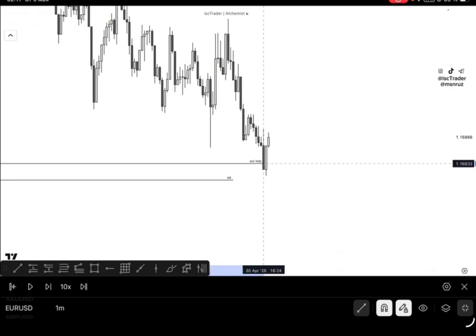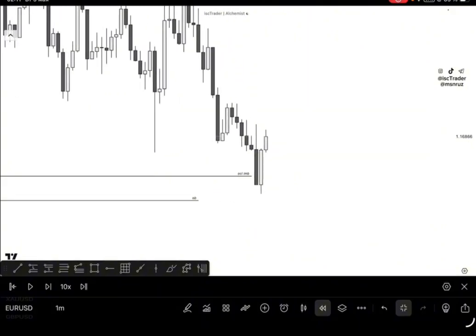The market has come into our zone, and we need to get confirmation.